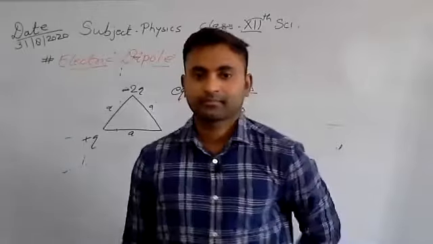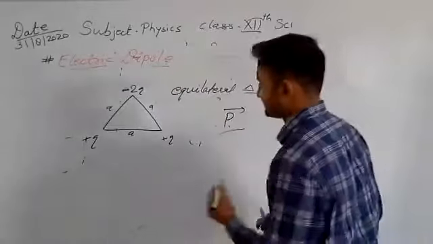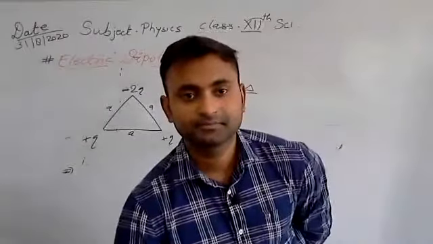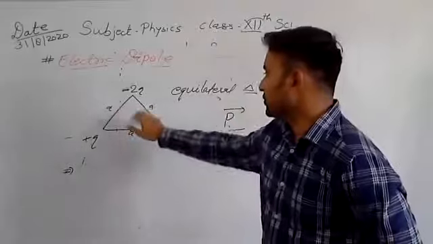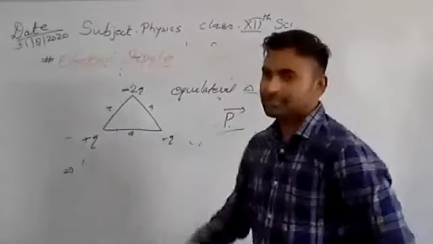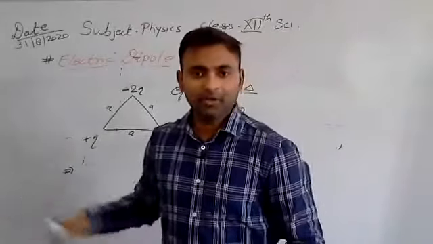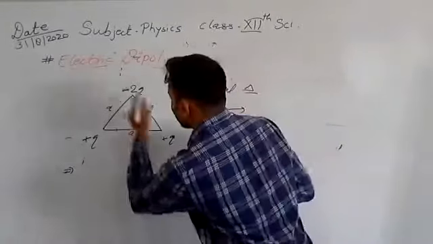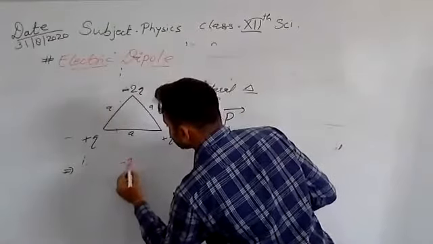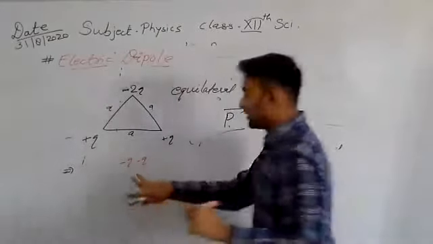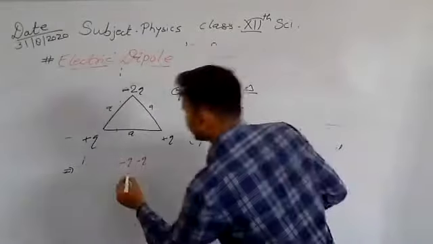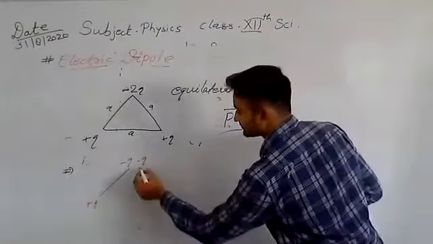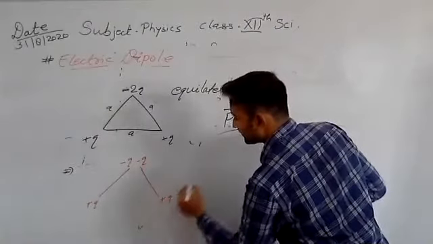Okay, very good. I have minus 2q, plus q and plus q, but this is not a dipole. So let's make this picture clear. I can write this as minus q and minus q, 2 minus q, and here plus q, here plus q.